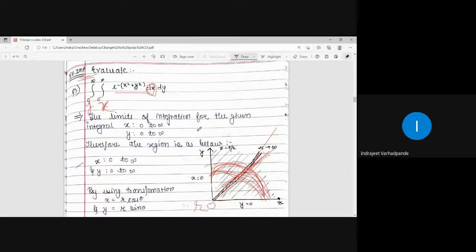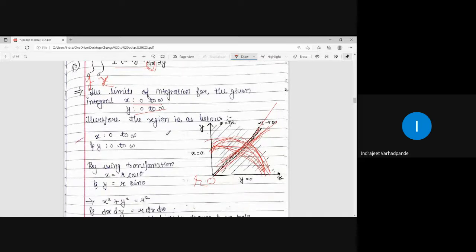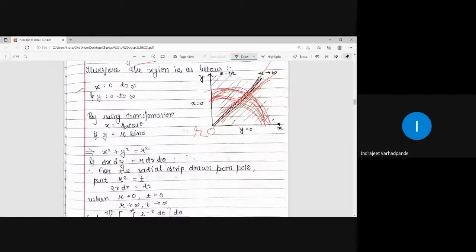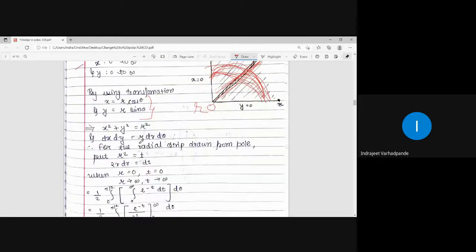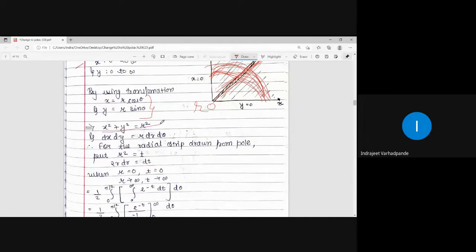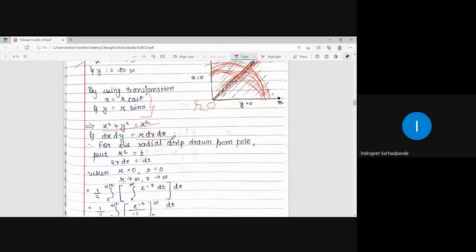So this is how the integration is to be done by drawing the region appropriately. The limits of integration are 0 to infinity for x and 0 to infinity for y. The region of x and y is done, and transformation is done: x is equal to r cos theta, y is equal to r sin theta, x square plus y square is r square, dx dy is r dr d theta.